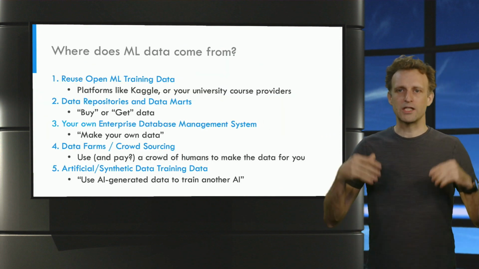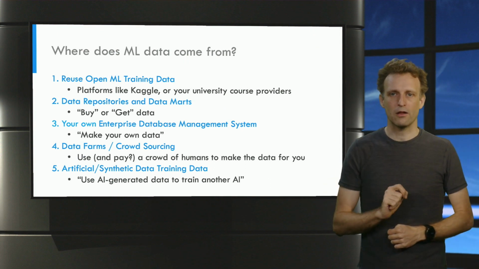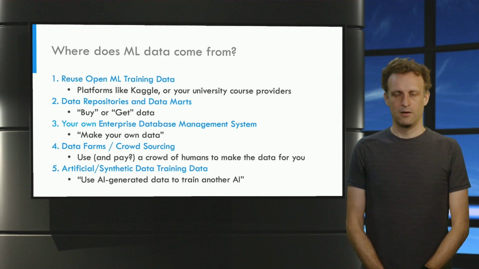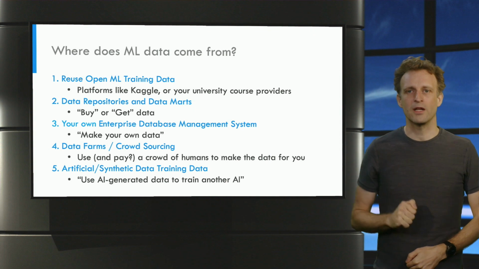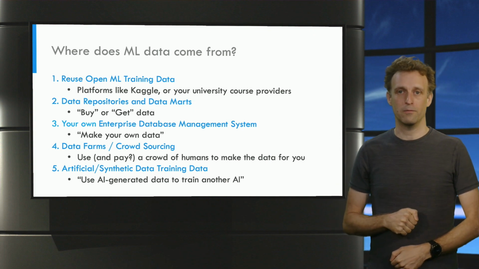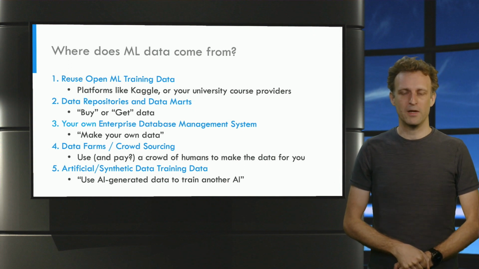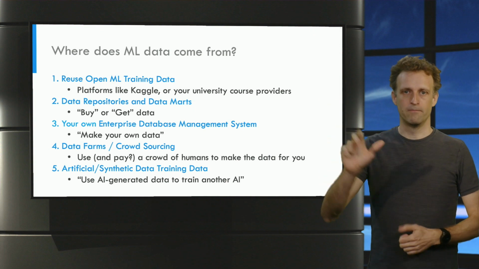But where do we actually find or obtain that data? We will briefly discuss 5 approaches to obtaining machine learning data. In short, these are: 1. Reusing existing training data made by other projects. 2. Buying and getting data from external data repositories or data marts. 3.